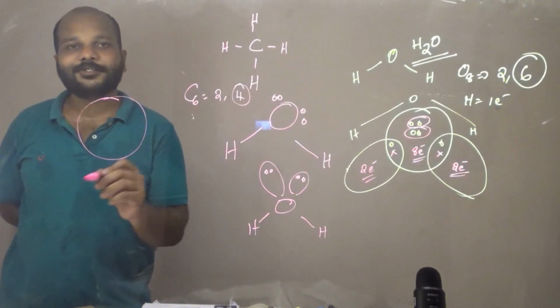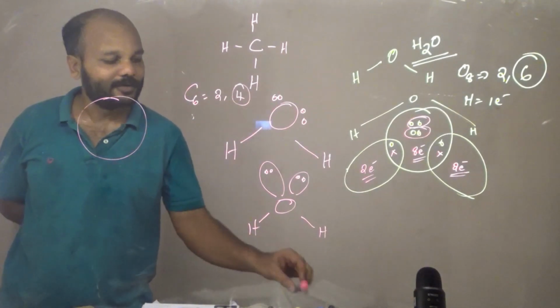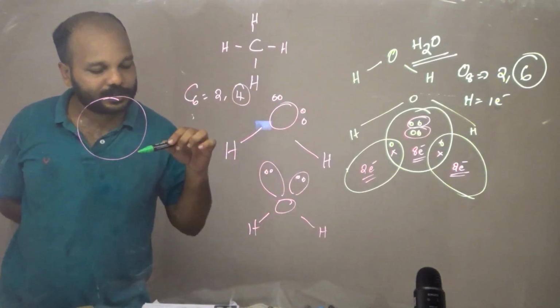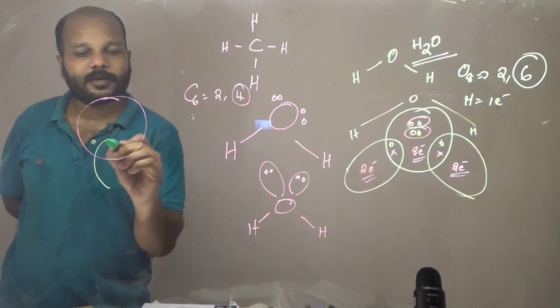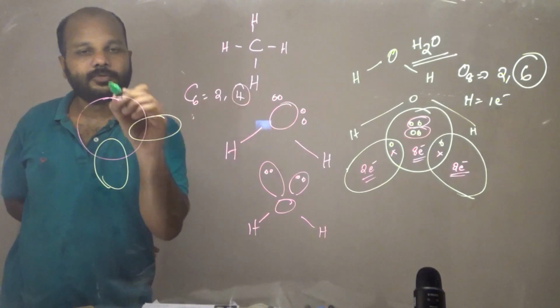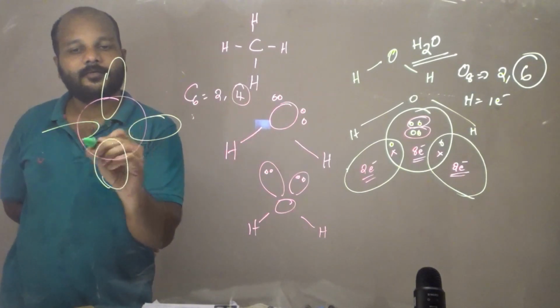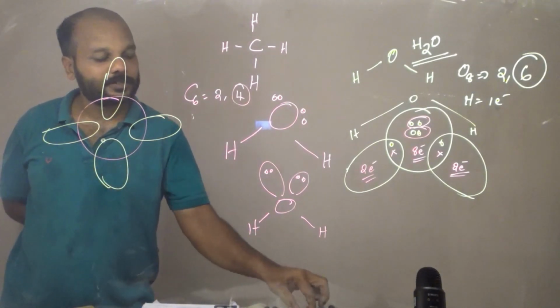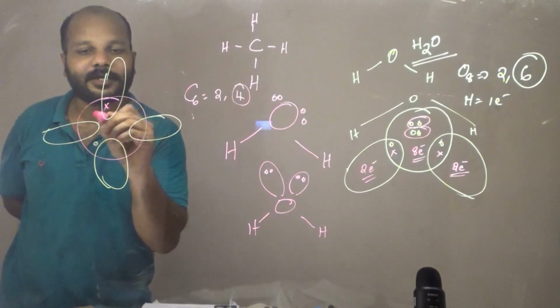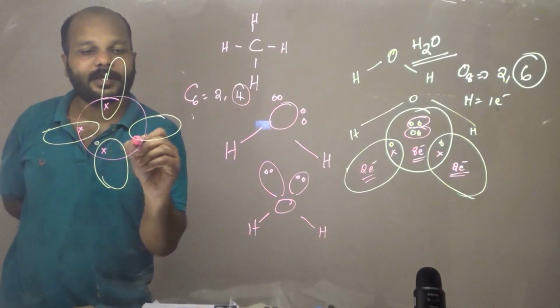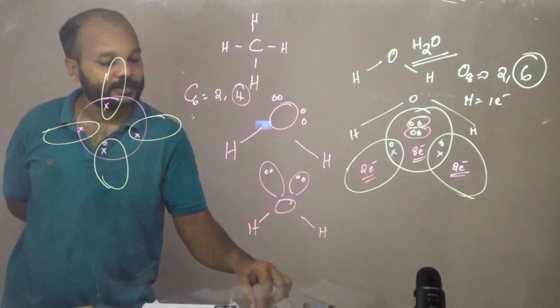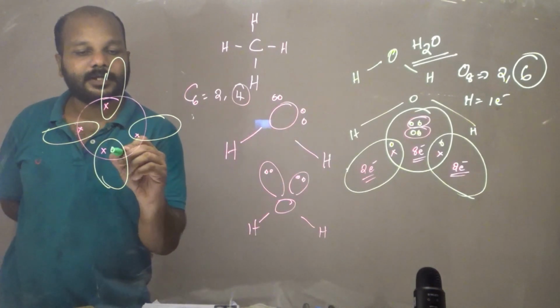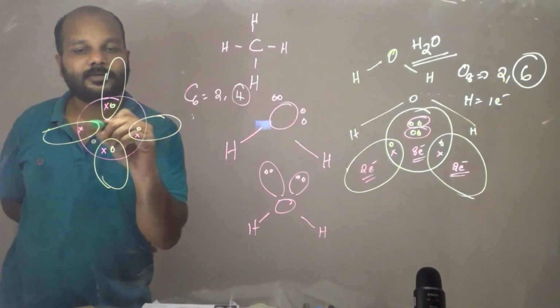and for hydrogen, as you are aware, it is only 1 electron. So you can check it. I will write in this way: 1, 2, 3, 4. So each carbon electron I am going to fill here: 1, 2, 3, 4. And each hydrogen electron also I am going to fill here. Okay.